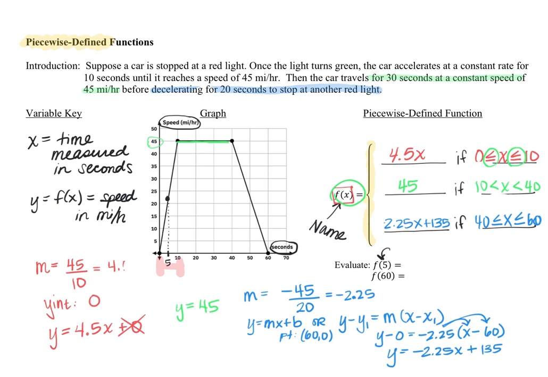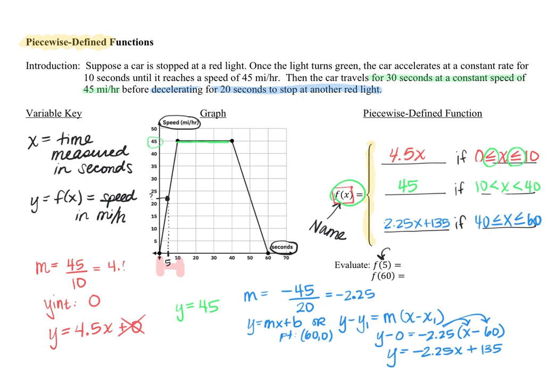And you can see there is a little bit of a drawback to using the graph because you might not be super accurate. You might just be sort of eyeballing what this y value is. It looks to be between 20 and 25. Yes, it's going to be 22.5, but you're just looking at the graph to figure out the y value. And sometimes there can be room for error there.